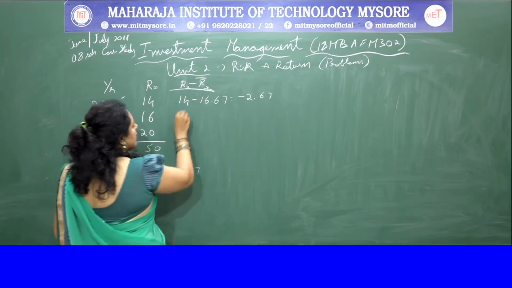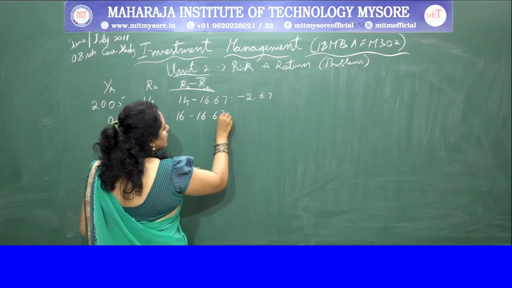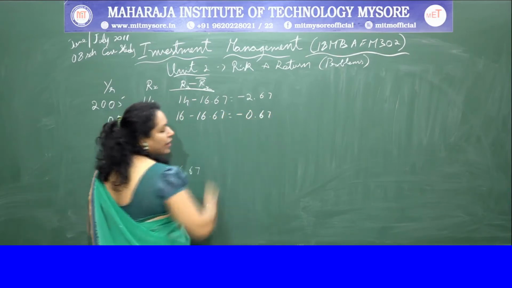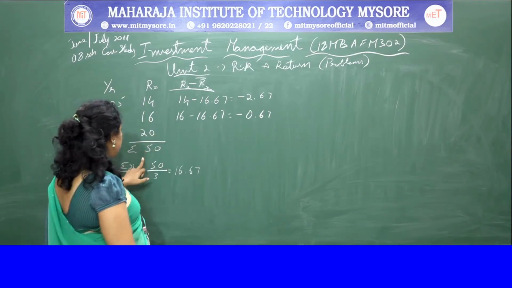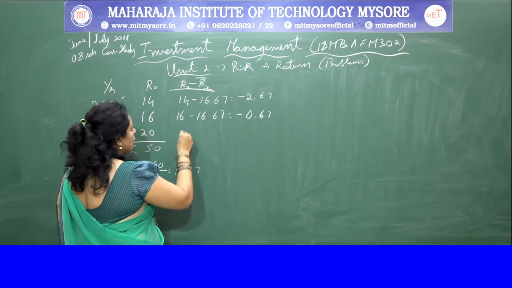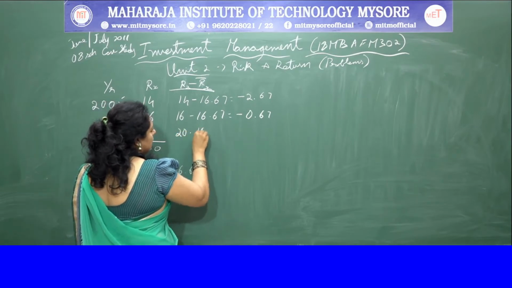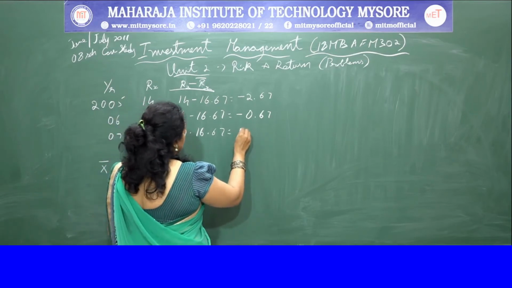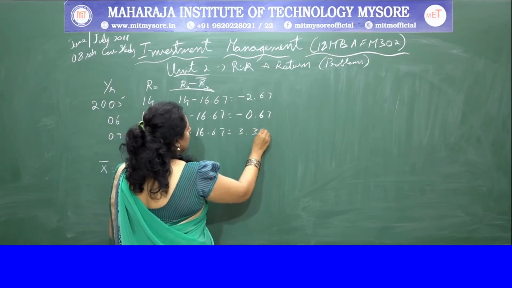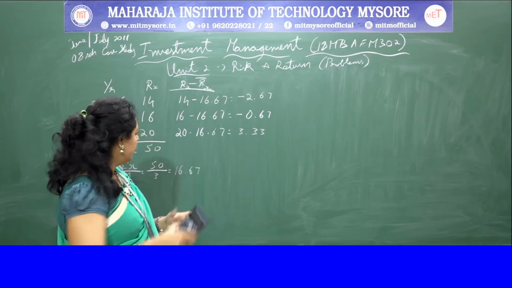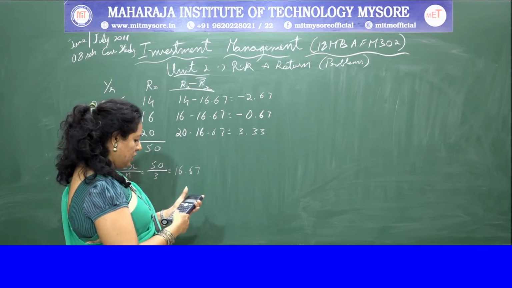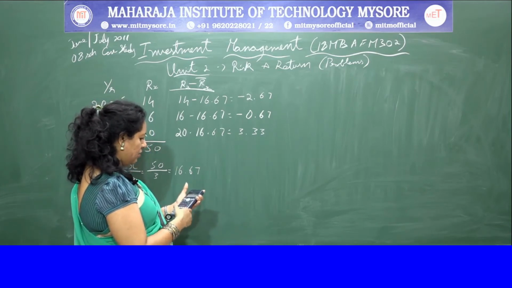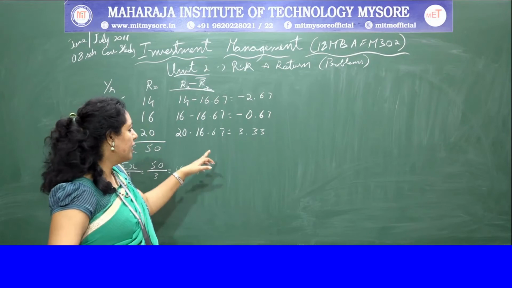Then 16 minus 16.67 gives minus 0.67. Then 20 minus 16.67, this is higher, so you get 3.33.